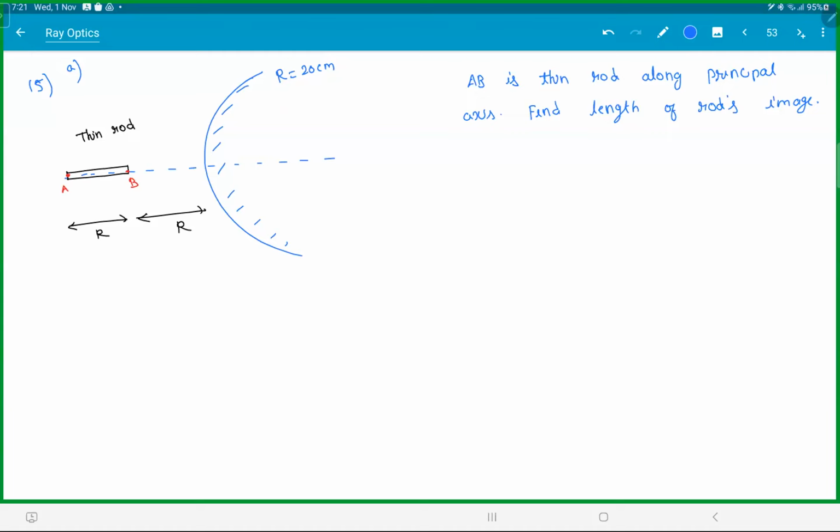What is the idea behind this? See, there's no formula for a rod. That formula is valid only for point objects. So how do we do these kinds of questions?